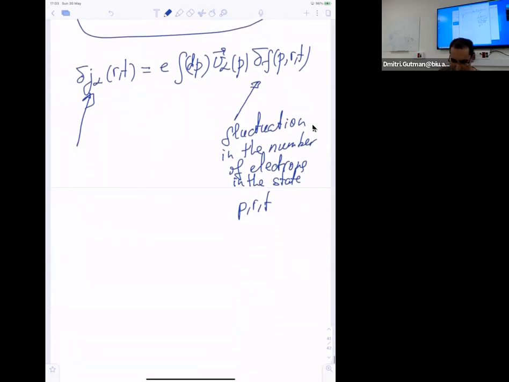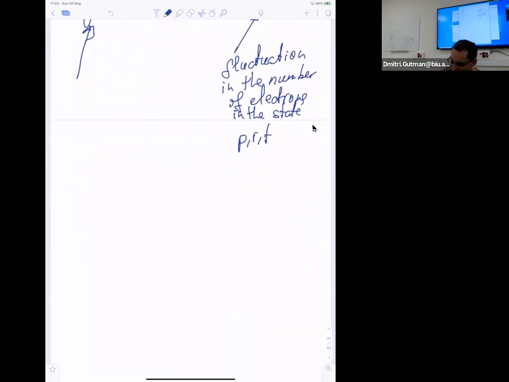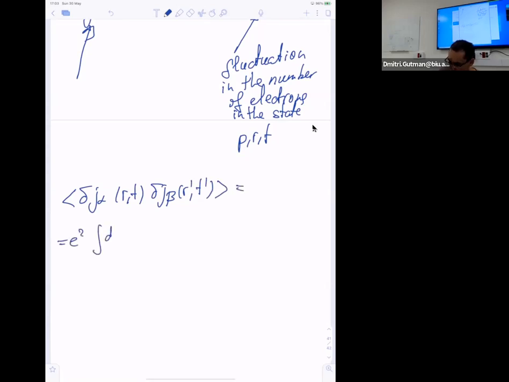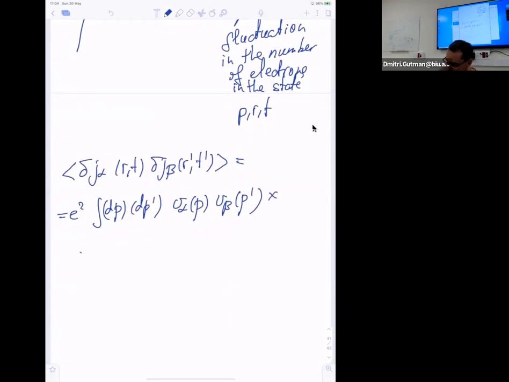Therefore, the correlation function of currents, let's say component alpha of the current at the point r at time t, component beta of the current at the point r prime, t prime, will now be equal to e squared integral with respect to dp and dp prime, v alpha p, v beta p prime, times the correlation function of delta f p r t, delta f of p prime r prime t prime.